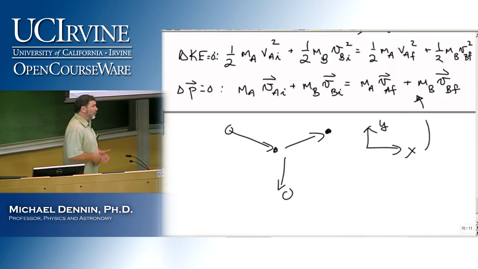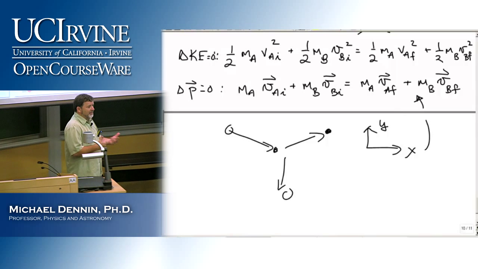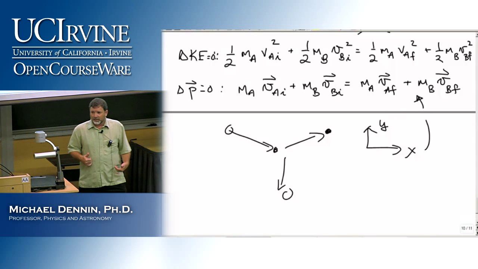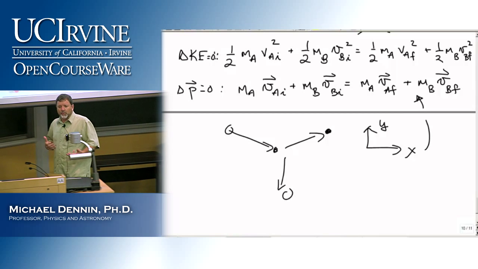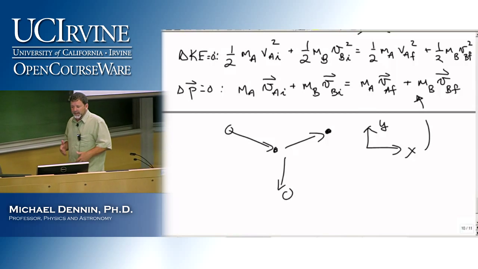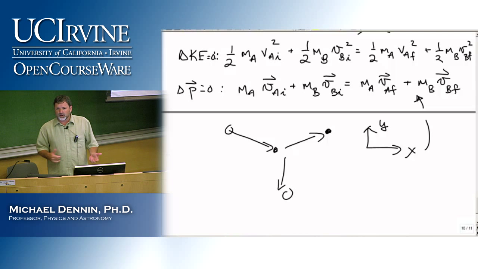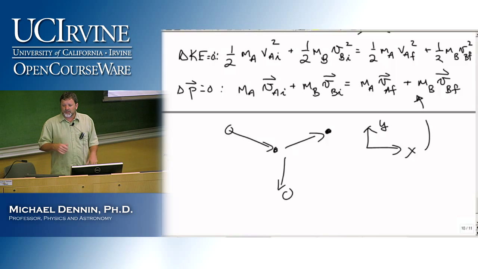So I do gain another equation, but I'm dealing with x and y components as unknowns as well. So it's fundamentally the same issue. It's roughly 2 unknowns, 2 equations with 4 potential unknowns. So I have to give you enough information.